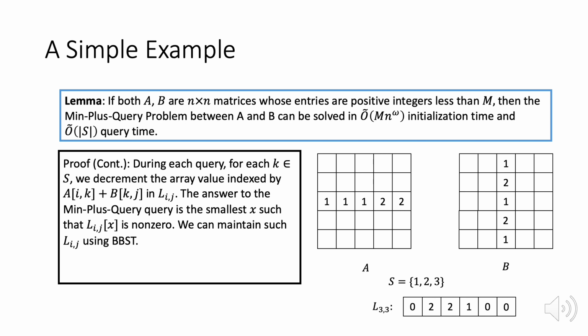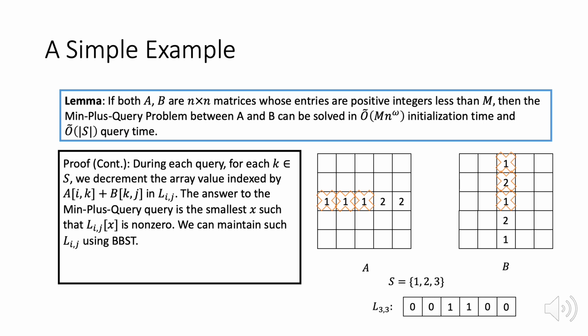First, we remove 1 from the array. Here, a31 plus b13 equals 2, so we decrement L2. Then, for 2, 1 plus 2 equals 3, we decrement L3. And finally, we decrement L2 again. Now, the earliest non-zero entry of L is L3. Therefore, the answer to the range mode query is 3.